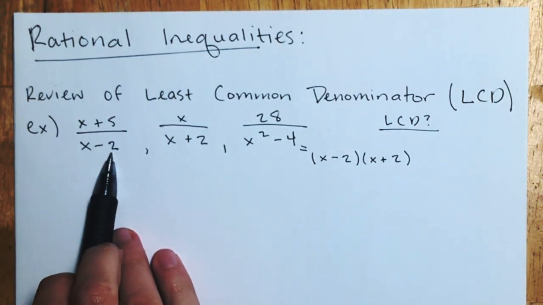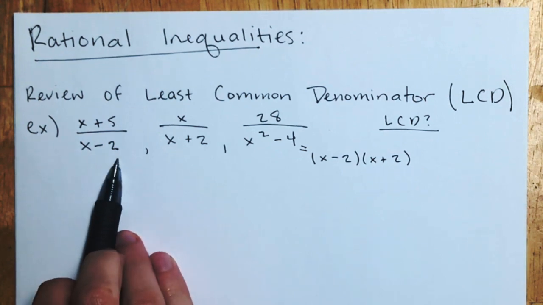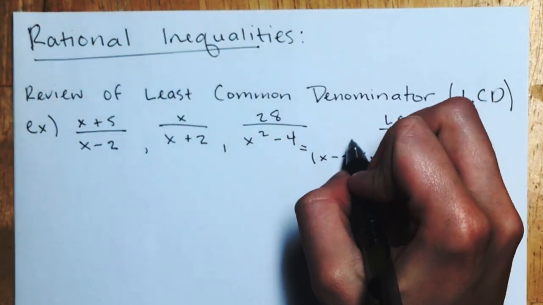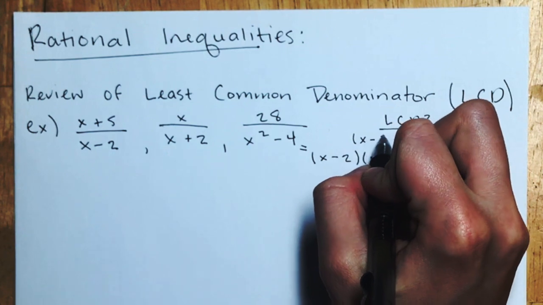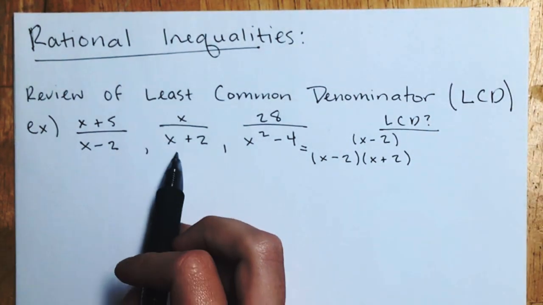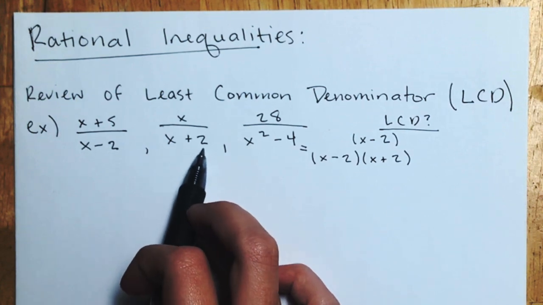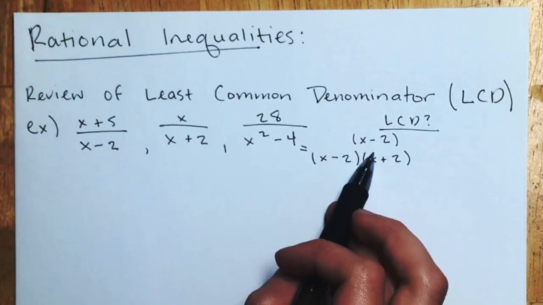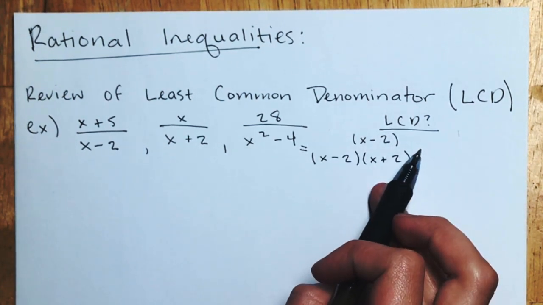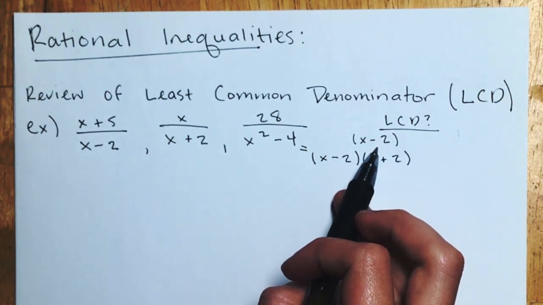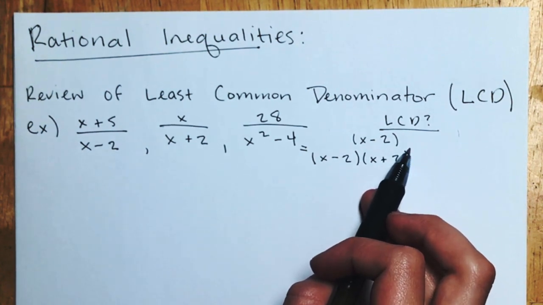We've got x minus 2, so that's one factor that we've got. The next one, our factor here is x plus 2. I check in my list that I have over here, and x plus 2 is not a factor yet that we have.